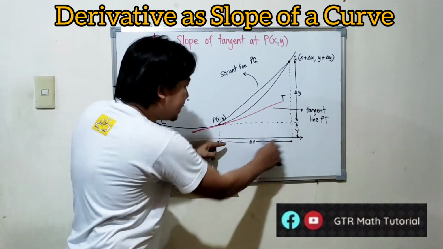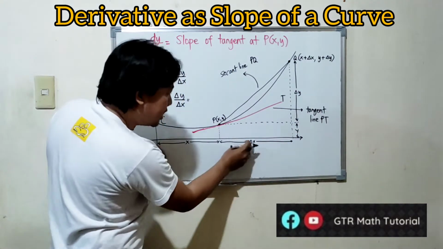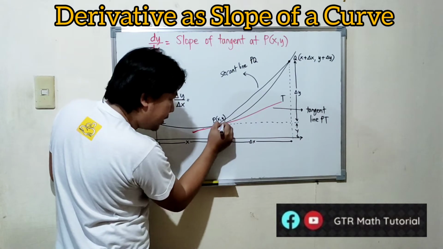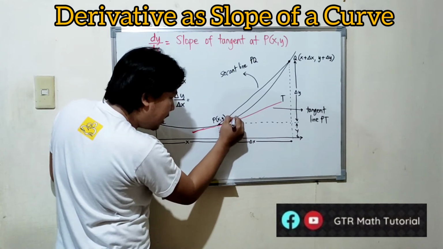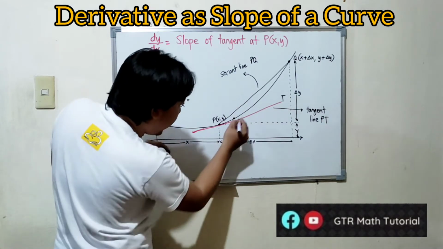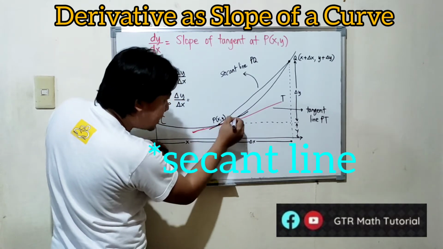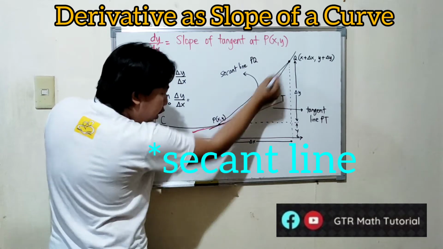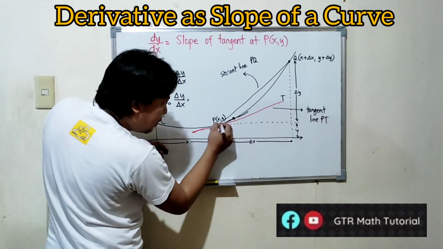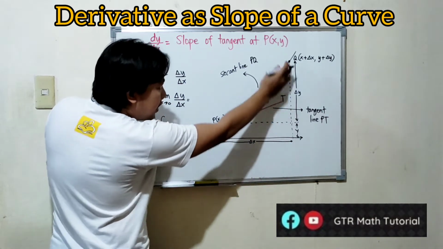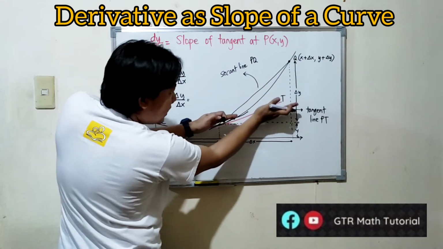As delta x approaches 0, when here is the point Q, this will become the tangent line, and as the point Q approaches, or as delta x approaches 0, then the secant line will approach the tangent line.